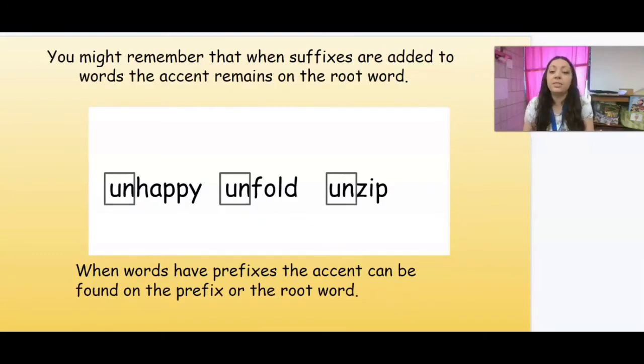You might remember that when suffixes are added to words, the accent remains on the root word. When words have prefixes, the accent can be on the prefix or the root word. So we'll talk about that a little bit more. It just means we usually say unhappy because you're trying to emphasize that it's the opposite. Or sometimes the root word still gets that accent.